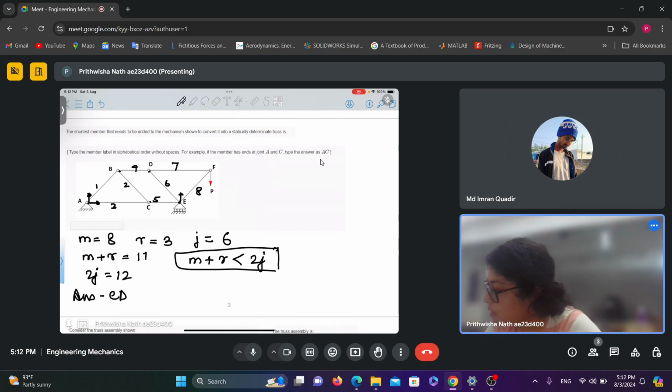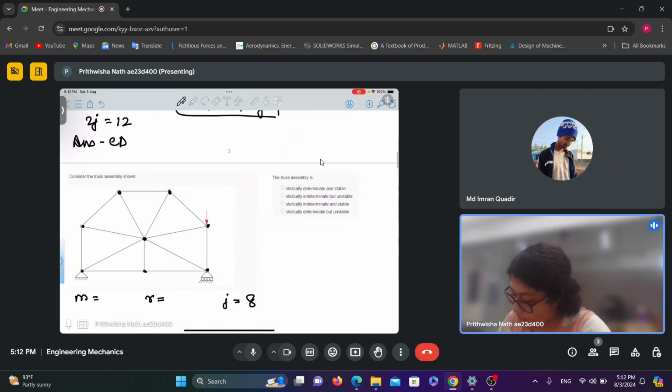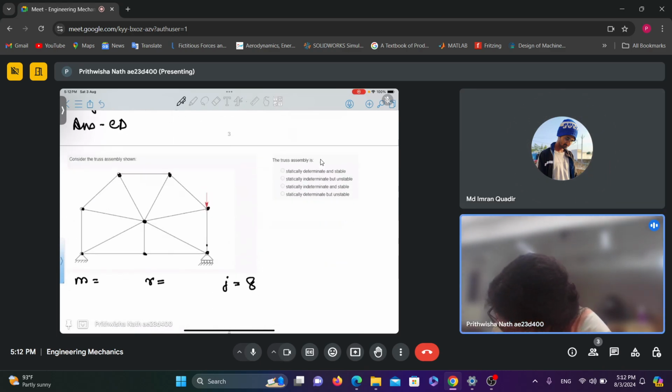R is the unknown reaction, right? In this problem also it's a roller joint and this one is a pin joint. So total unknown reaction is 3, right?